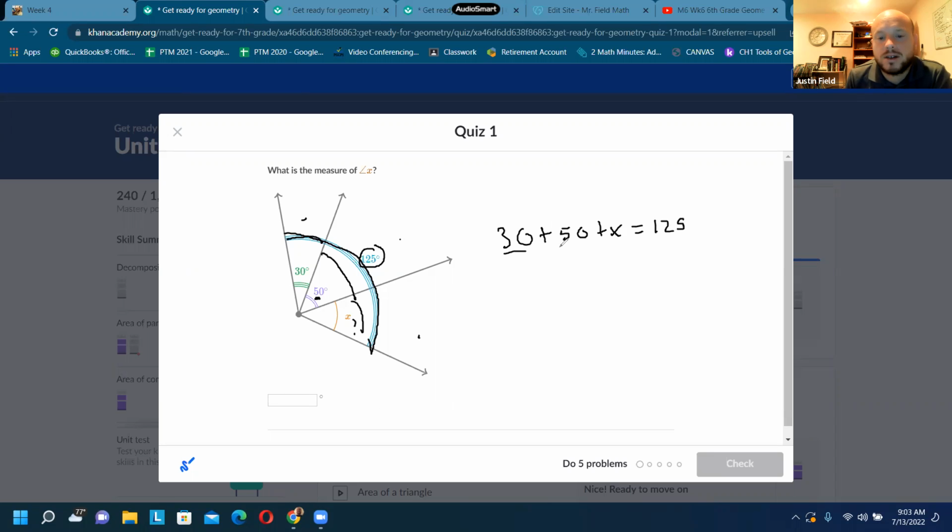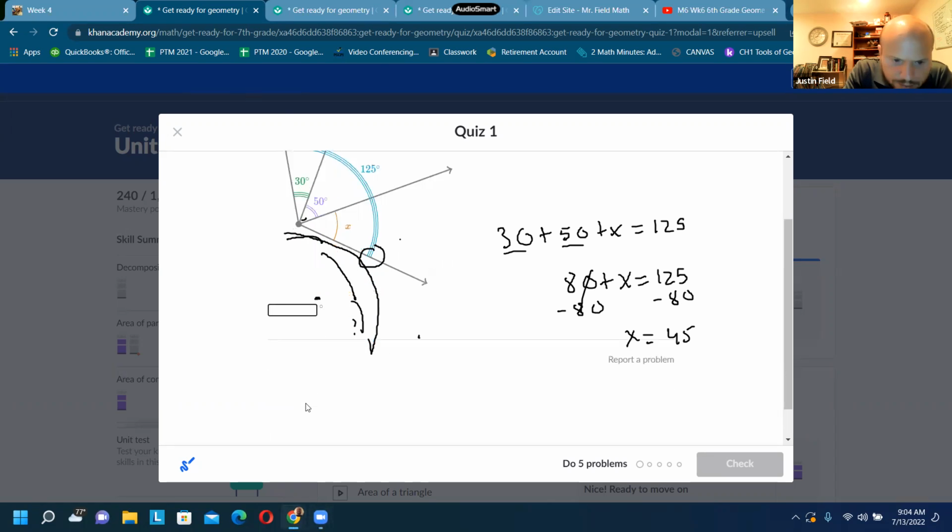Then combine those like terms, that would be 80. This should look like a 6th grade problem, that one-step equation. So now we just subtract. Boom. And whatever that is, 45, right? Is that 45? 45.